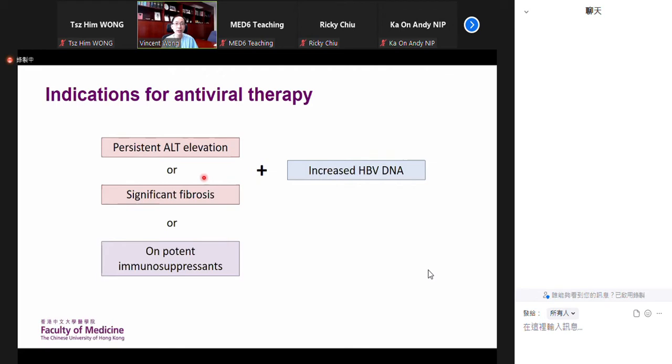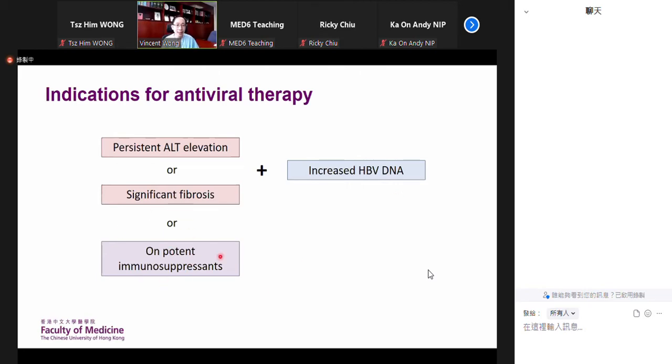Alternatively, even if the patient has normal ALT now, if the patient has already got evidence of significant liver fibrosis or cirrhosis, again, you cannot allow the liver disease to worsen anymore. Of course, the use of antiviral therapy is to suppress HBV DNA, and therefore this would be a prerequisite. If the virus is no longer active, it is doubtful if antiviral therapy will still make a difference.